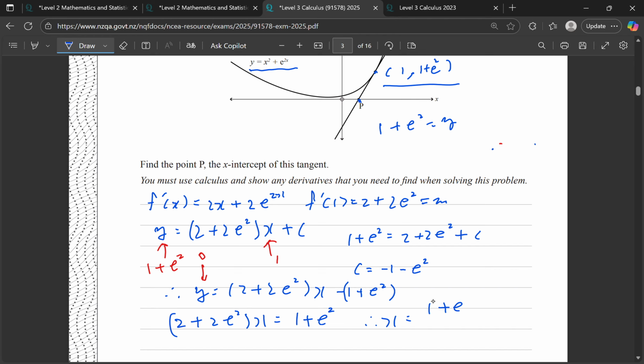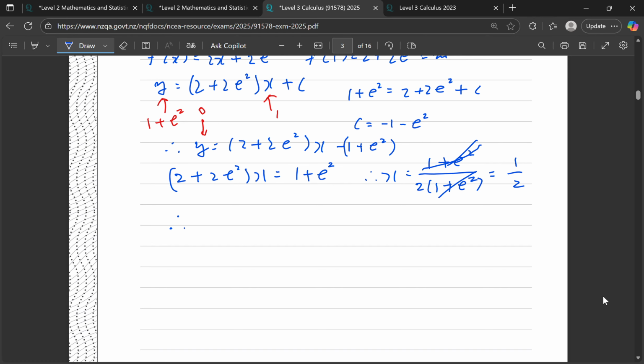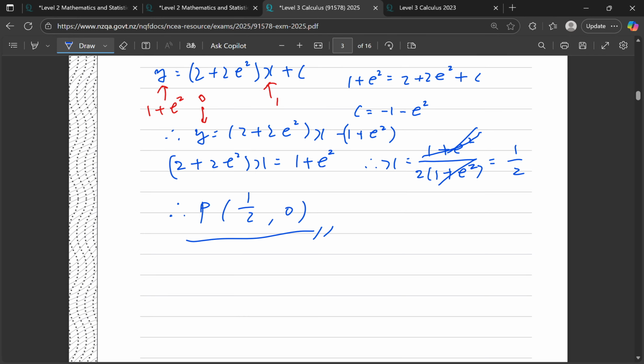Hence, x equals 1 plus e squared over, well, this one I can factorize by 2. So 2 times 1 plus e squared, right? So that one cancels out. Altogether, it becomes a half. So it turns out the coordinates of P is a half comma 0. Okay, so we have to say therefore P equals a half comma 0. All right, that wasn't hard.